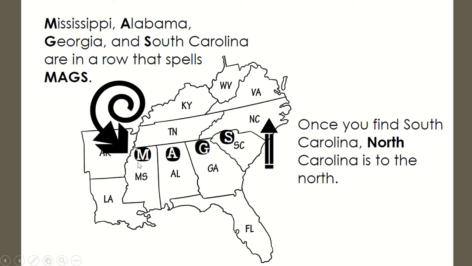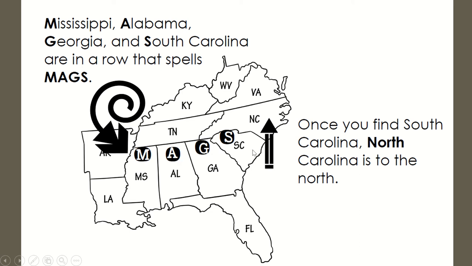Mississippi starts with an M, Alabama starts with an A, Georgia starts with a G, and South Carolina starts with an S. If you just remember MAGS, you'll remember which order they go in, because I still get these three right here confused: Mississippi, Alabama, and Georgia. So if you remember MAGS, you'll know the order. Oh, it's Mississippi, Alabama, Georgia, South Carolina.